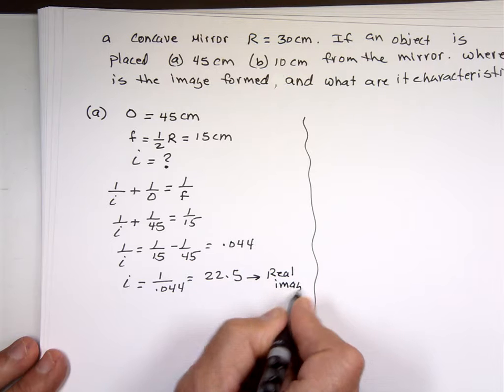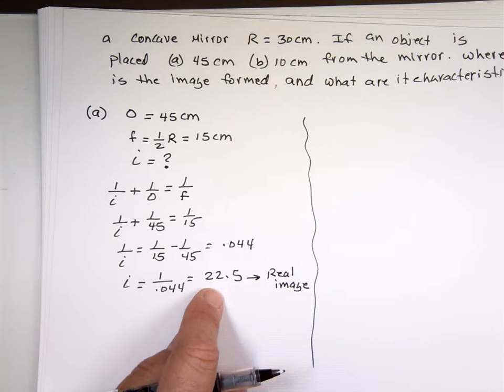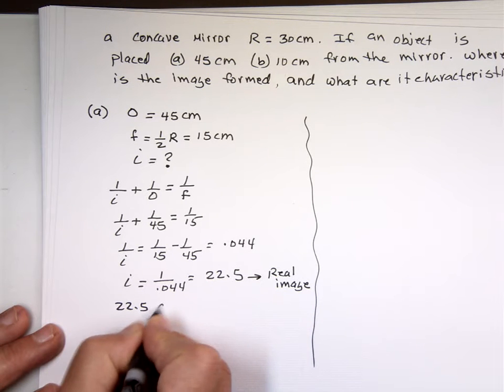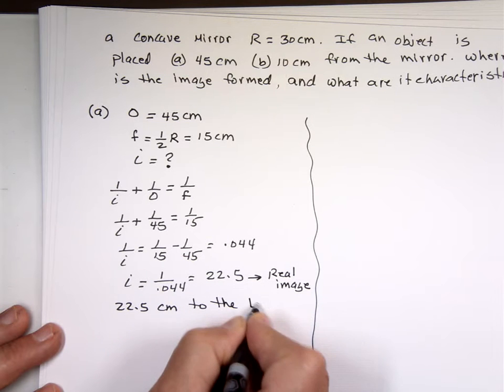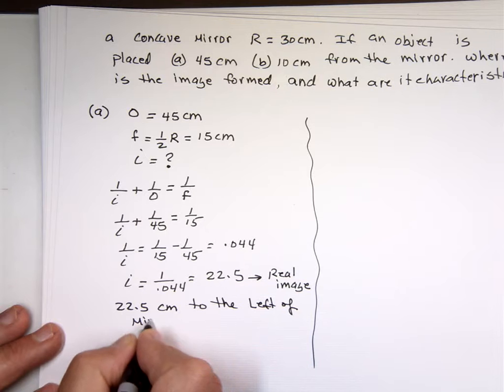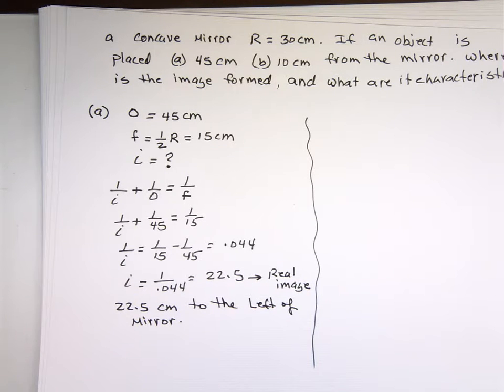So it's placed 22.5 centimeters to the left of the mirror. That's why it's real. To the left. It says, where's the image? 22.5 centimeters to the left of the mirror.